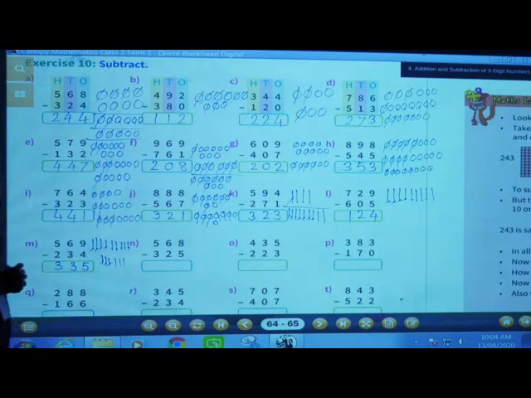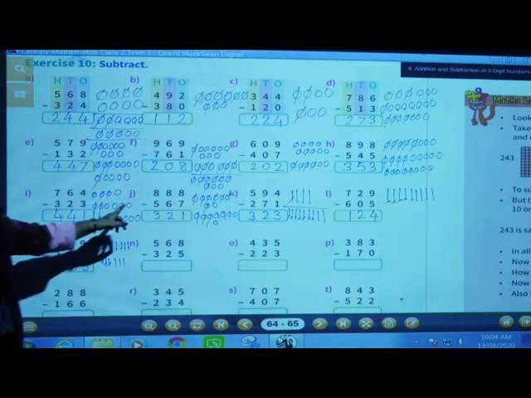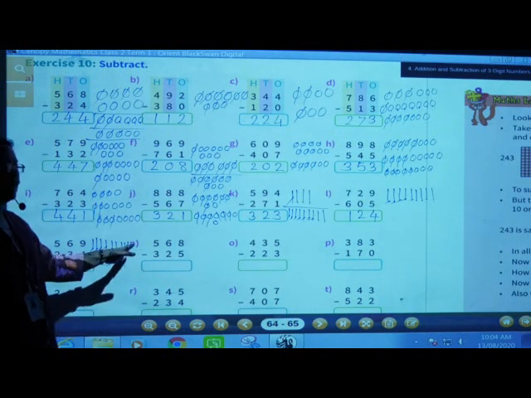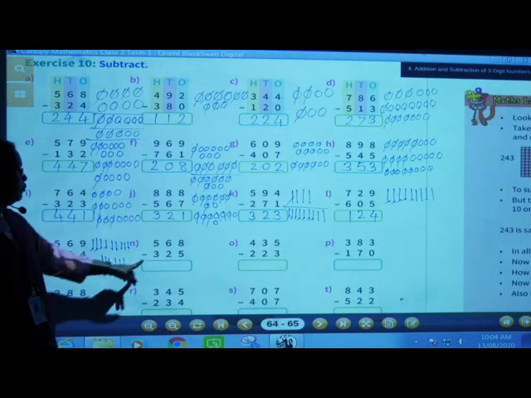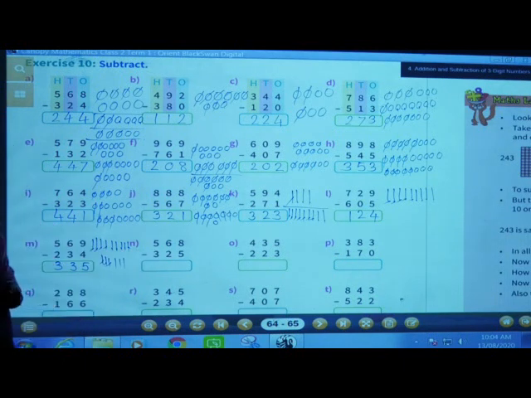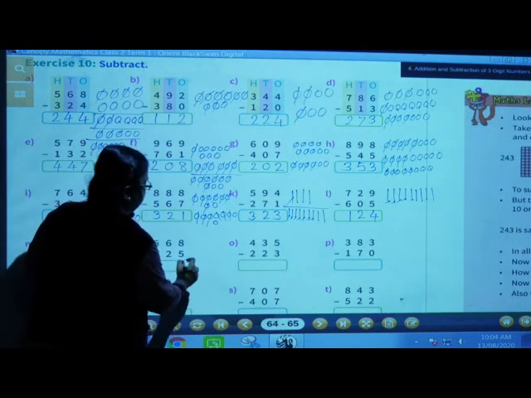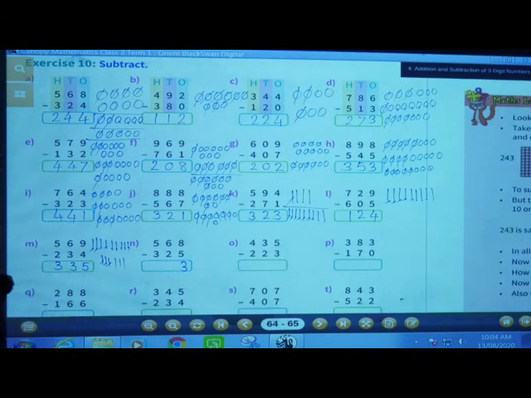If the number is small, you can do it immediately also. But if the number is big, like 9 minus 4, 8 minus 7, you do the rough work also in this way and you can solve the sum. Now 8 minus 5 is 3. Then 6 minus 2 is 4.